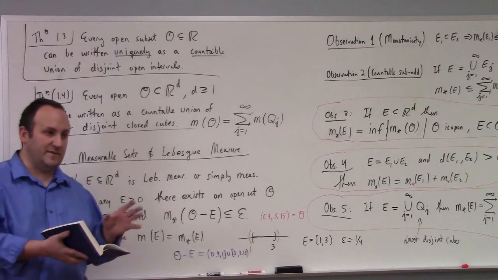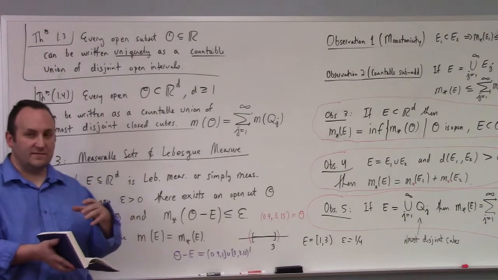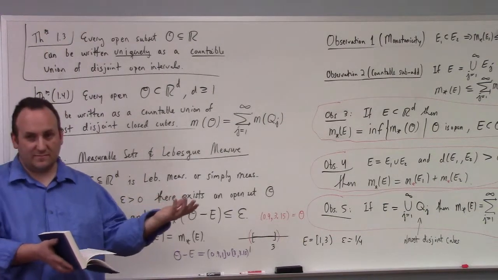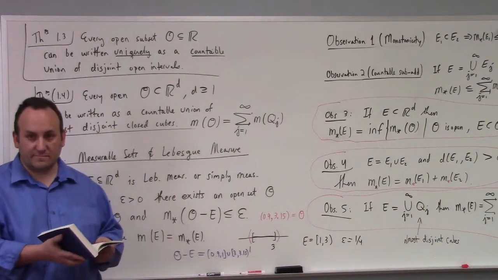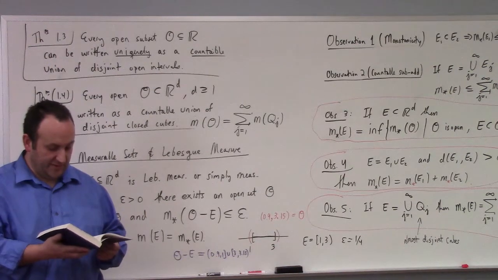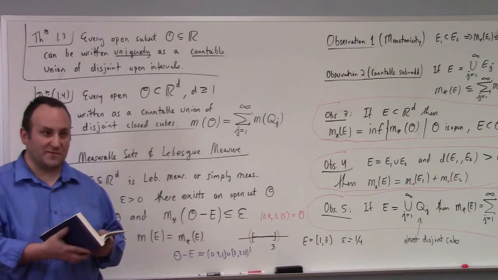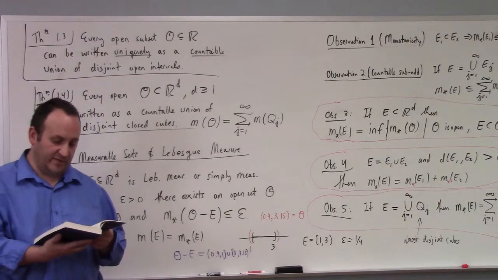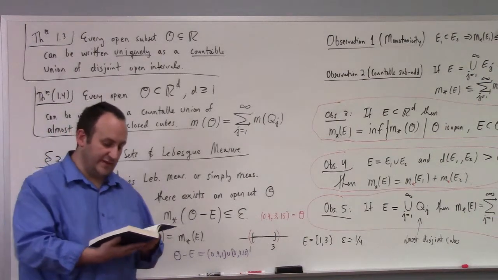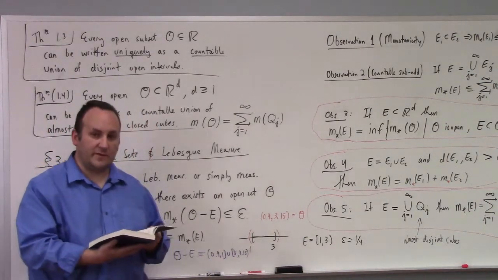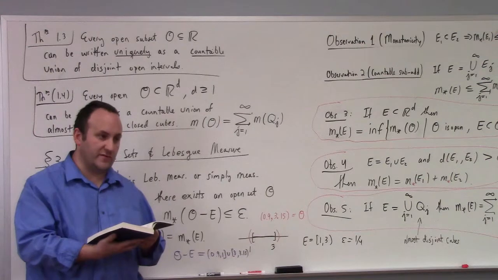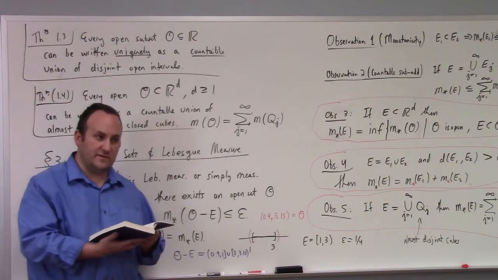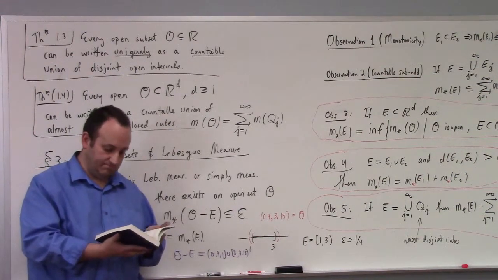So if E is measurable, then R^d complemented by E is measurable. A countable intersection of measurable sets is measurable. And then he proves Theorem 3.2: if we have a bunch of disjoint measurable sets and E is formed from their countable union, then the measure of their countable union is in fact the sum of their measures.